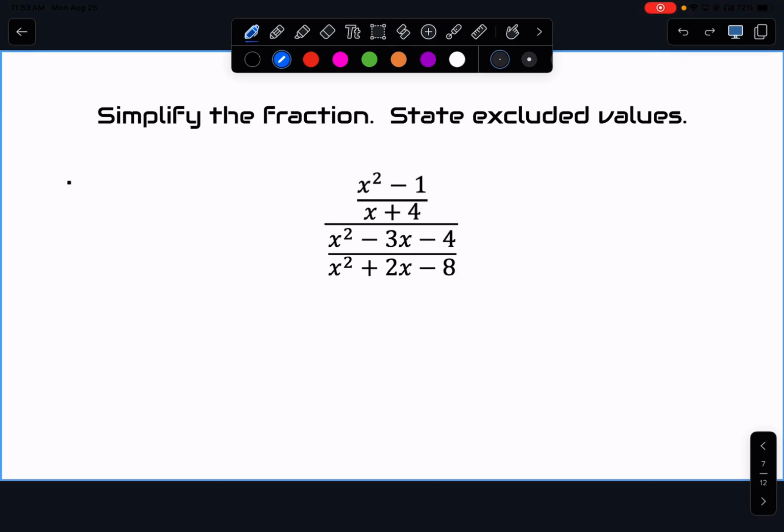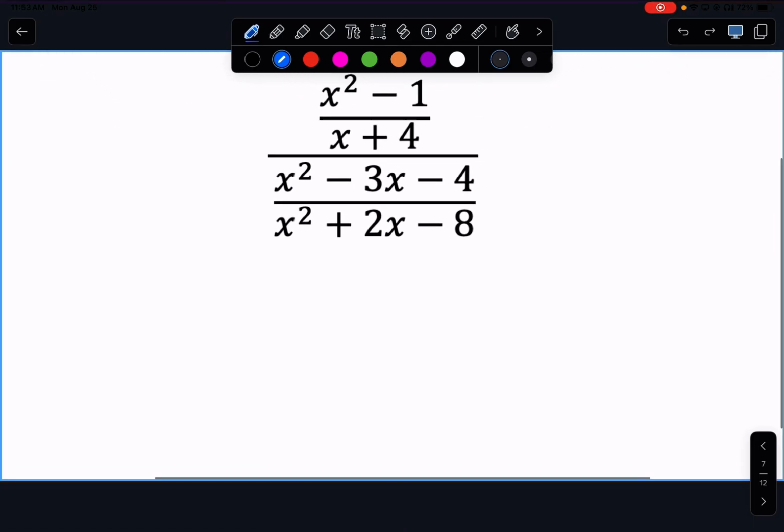Now, if I was just doing this on my own and not teaching a class right now, I would probably do like 2 steps in one here. But I'm not going to do that in this case. Okay? So I'm going to just rewrite this as x squared minus 1 over x plus 4.